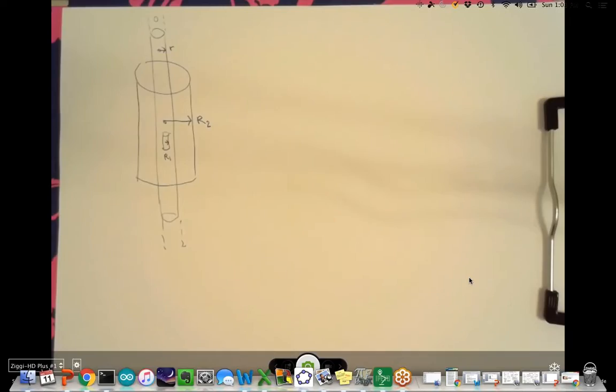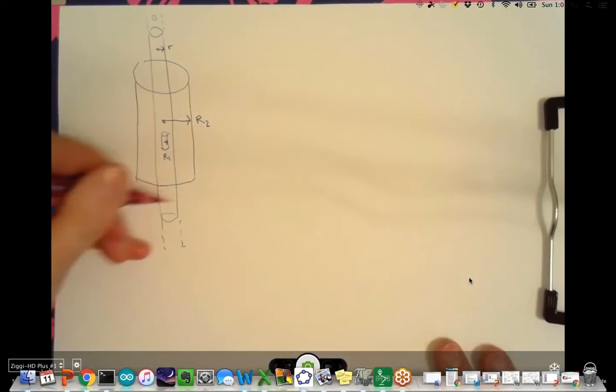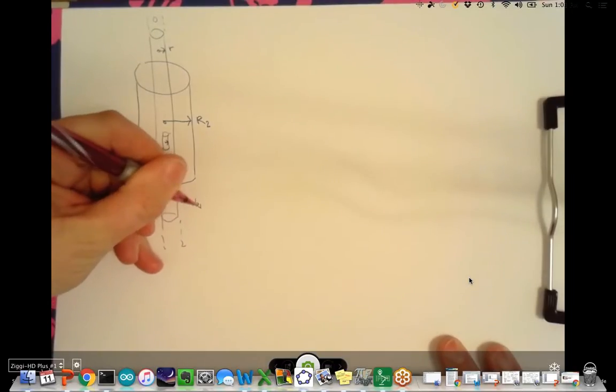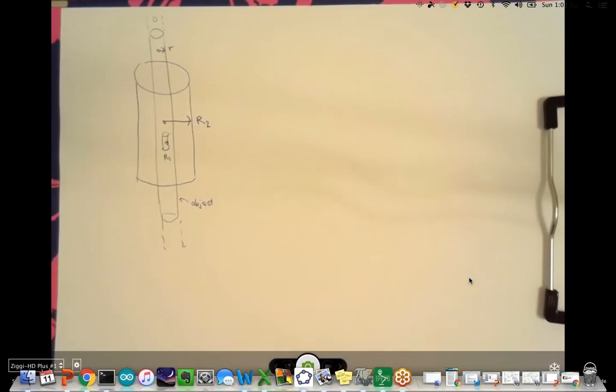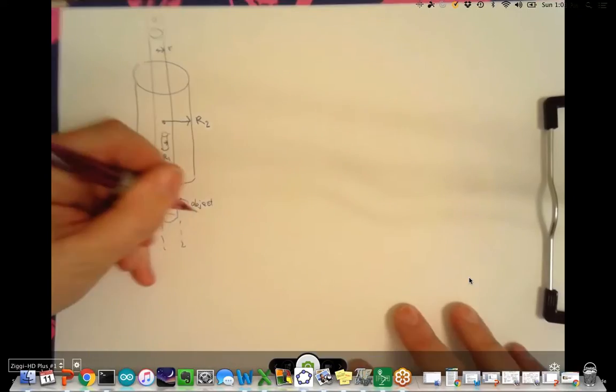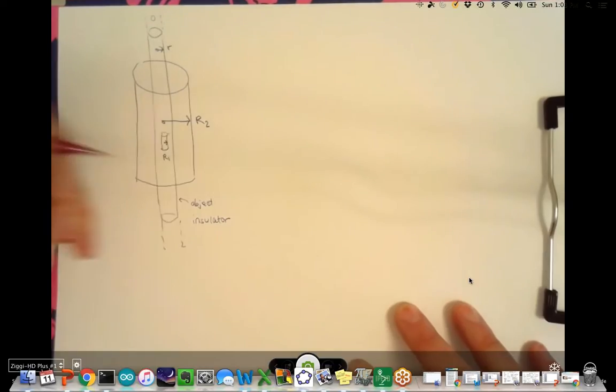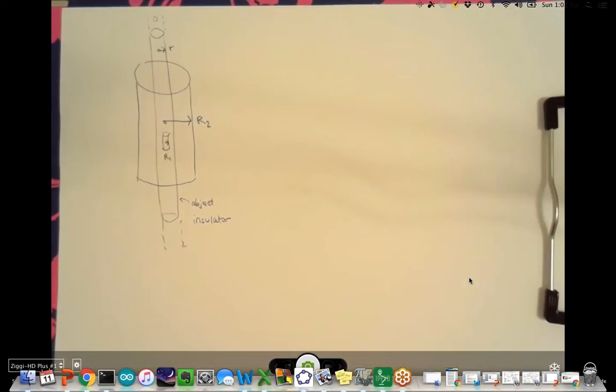Okay, so we've got our surface. This is our infinite surface here. This is our object, and let's say our object is made out of an insulator. Would that have a surface charge density or a volume charge density? If an insulator, are we looking at surface charge or volume? Volume charge, great.